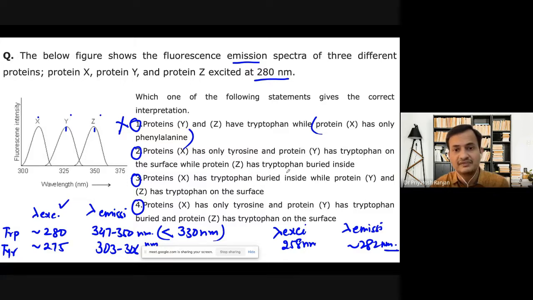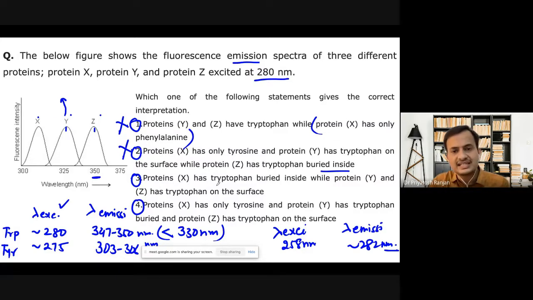Now, for Z, where the lambda max for the tryptophan is coming out to be 350, it is telling me that it is on the surface. So this part is entirely wrong, and even the statement that Y has tryptophan on the surface is wrong. In the case of protein Y, the tryptophan seems to be buried, while in the case of protein Z, tryptophan seems to be on the surface. So even this statement is wrong.